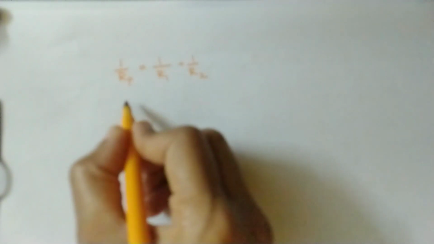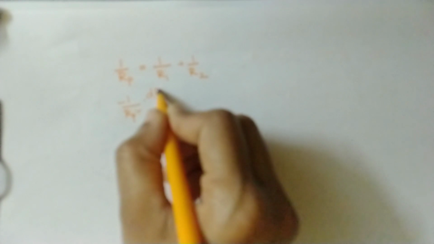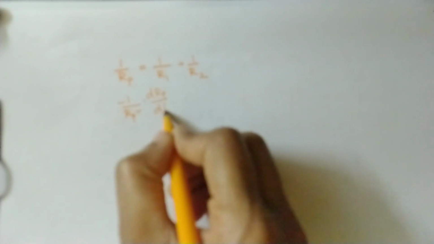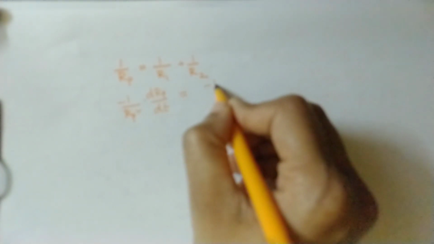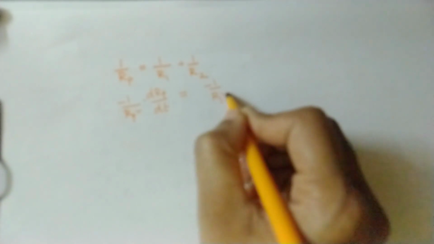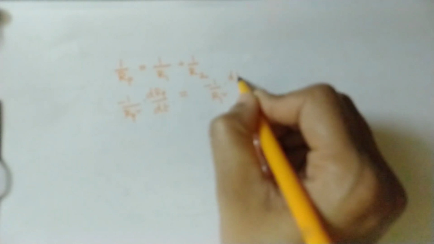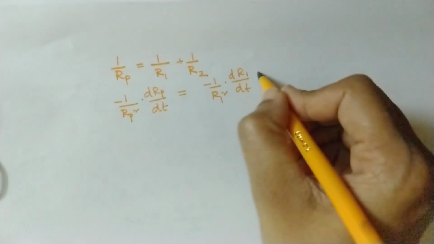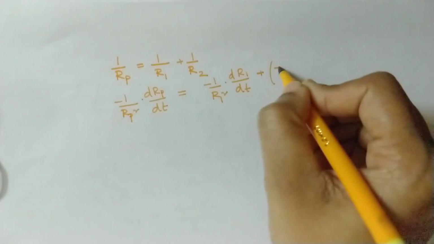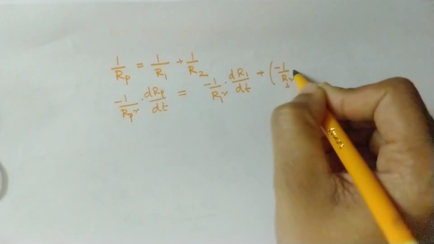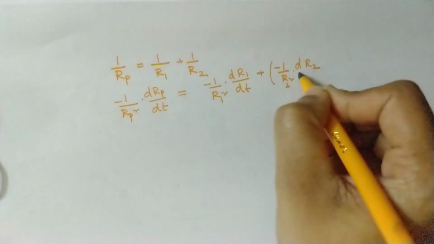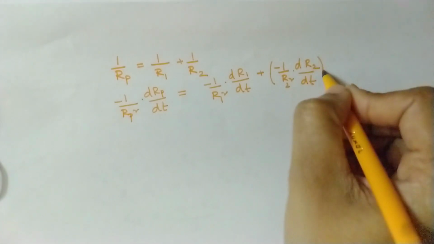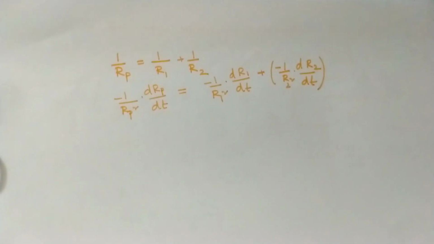Again differentiate this relation: minus 1 by Rp square, because the differential of 1 by R is minus 1 by R square, into dRp by dt, is minus 1 by R1 square into dR1 divided by dt plus minus 1 by R2 square into dR2 divided by dt. That minus term will anyway get cancelled throughout.